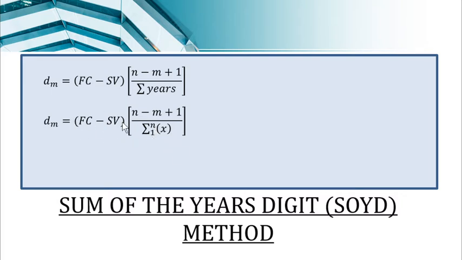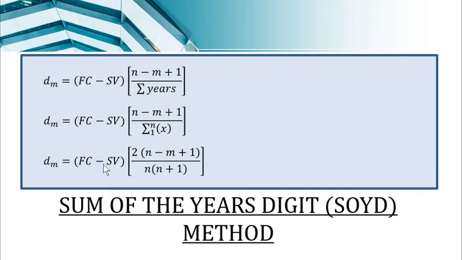Etong formula nito is very useful when you are using your calculator, lalo na kapag yung calculator mo is may summation function. Pero paano kung ordinary calculator lamang yung gamit mo? Still, meron tayong magagamit na formula.